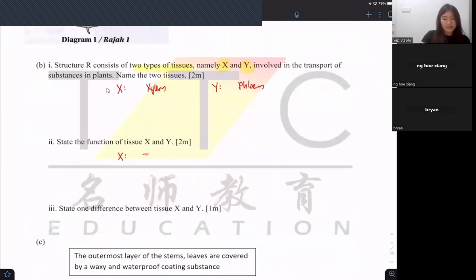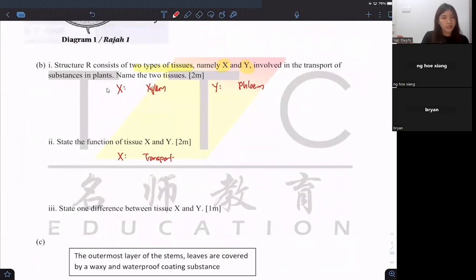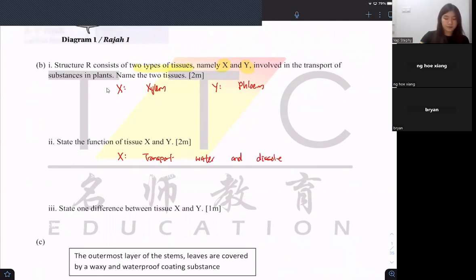State the function. So for X, transport water. Better that you all write a full sentence. A lot of students will write transport water only. Better you write the full one. Transport water and dissolved mineral salt from root to leaf.